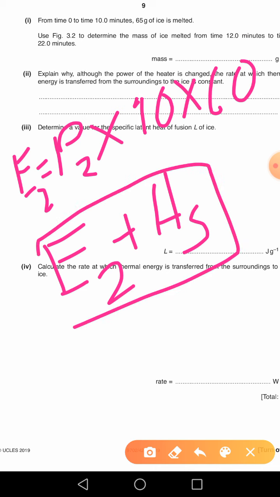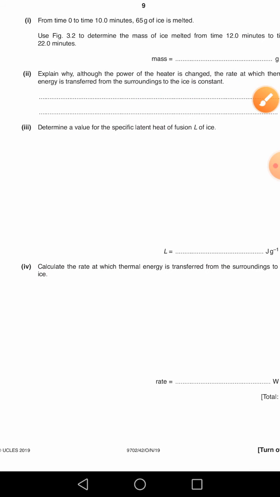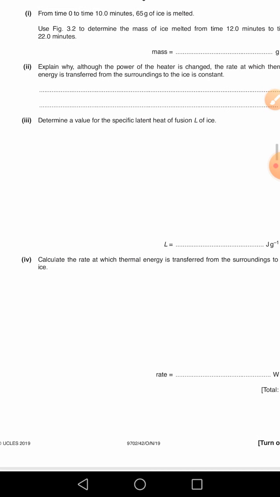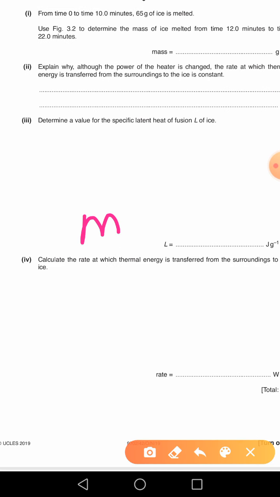So we will be evaluating these two together. You already know the total amount of heat gained by ice, or gained by a substance, is the product of its mass and its specific latent heat of fusion, or latent heat of vaporization.